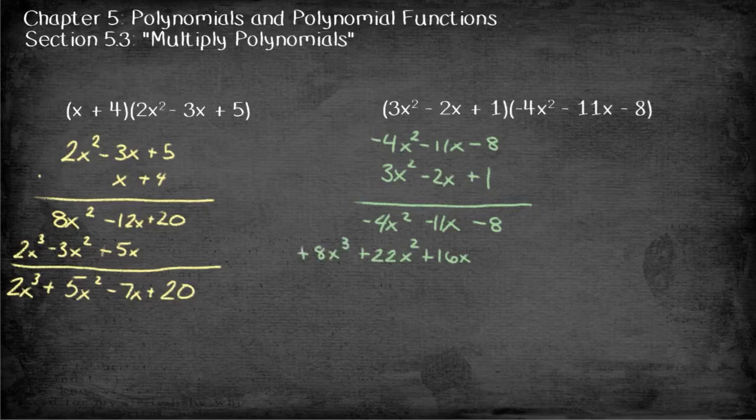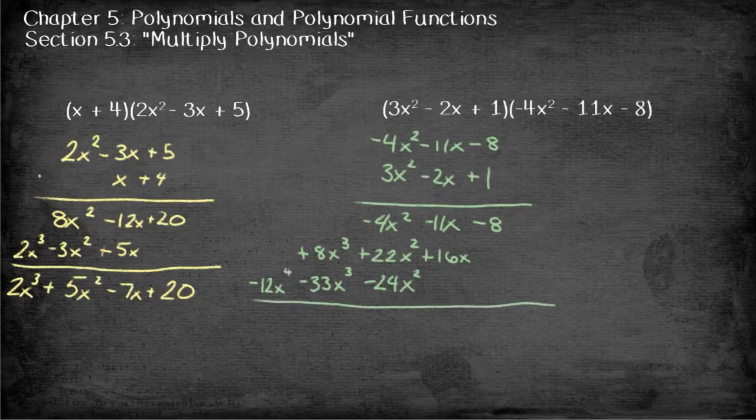And even though we've got a third term, we proceed exactly the same way. So we're going to have 3x squared times negative 8. And then we're going to collect like terms by adding straight downward. And there we have it.